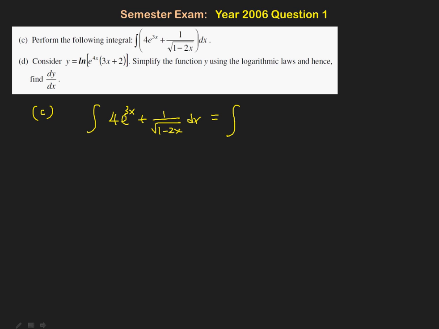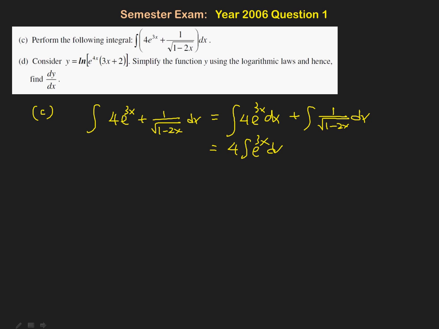We know the sum of functions can be written as follows, as if I'm doing two integrals, and this shouldn't be a problem for you.